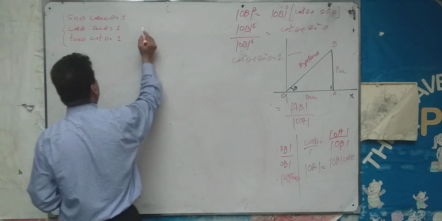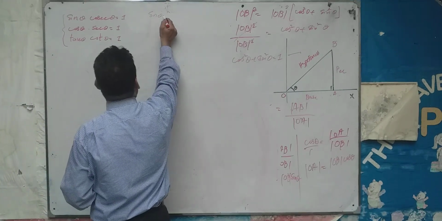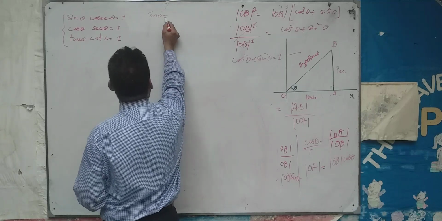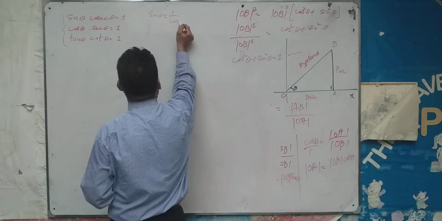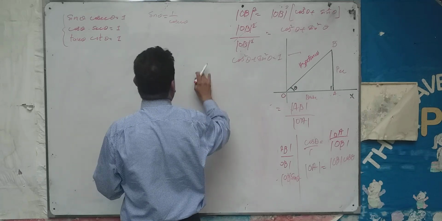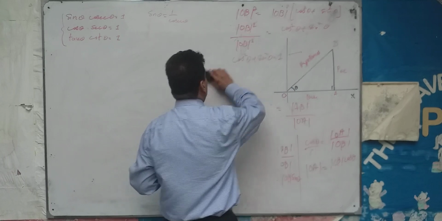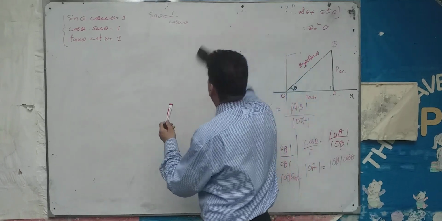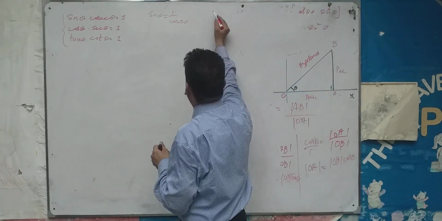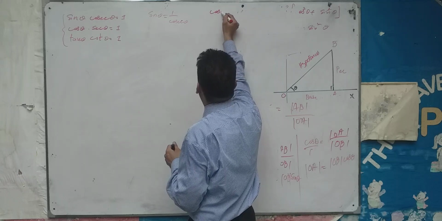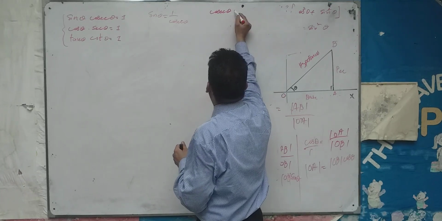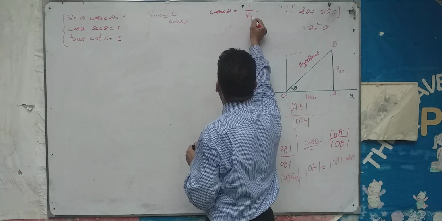From here we will get sin theta is equal to 1 by cosecant theta, and cosecant theta is equal to 1 by sin theta.